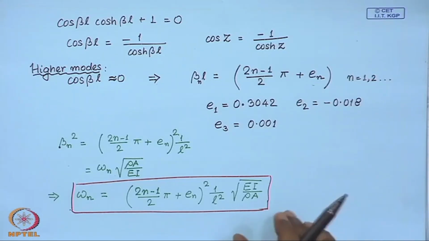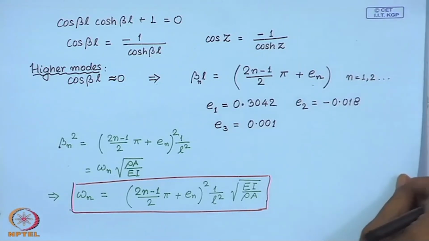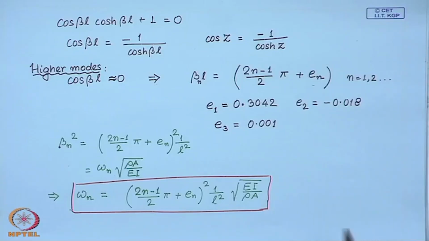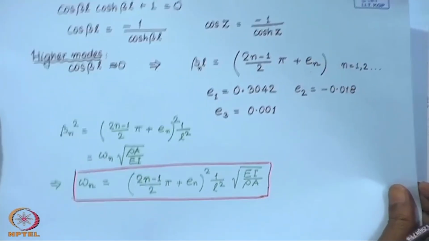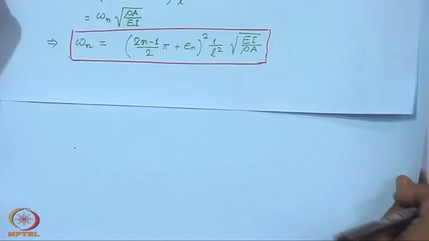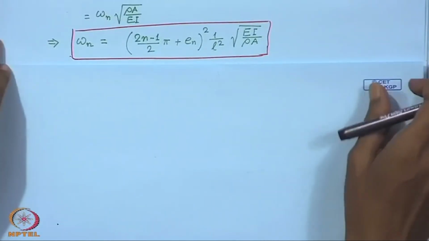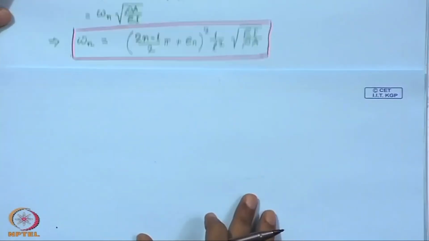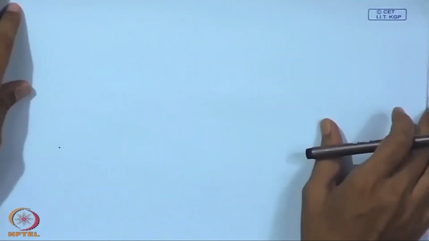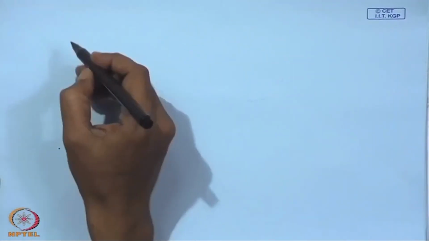Now, corresponding to these circular natural frequencies, one can calculate the eigen functions from the general solution that we discussed. So, these are obtained as.